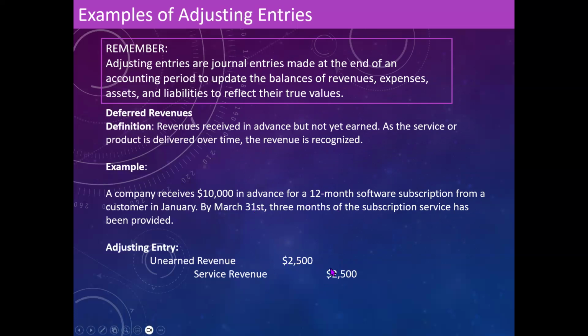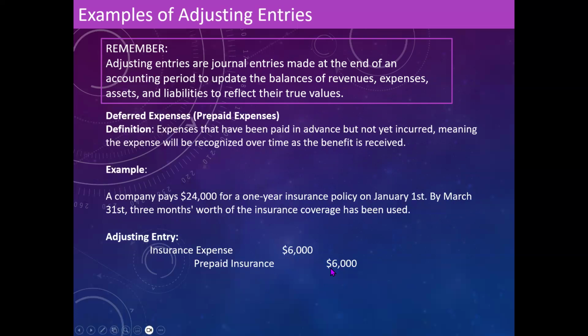All right. So the last kind are our deferred expenses. And I've actually done two examples of this because you'll see a couple different kinds. But here's where we have spent the money in the past, but not yet incurred the expense. So here's an example. The company paid $24,000 for a 1 year insurance policy on January 1st.